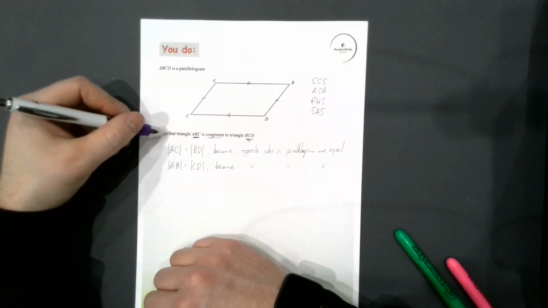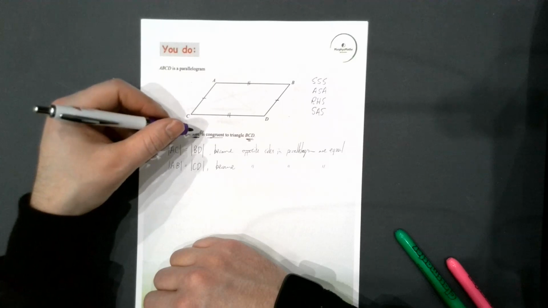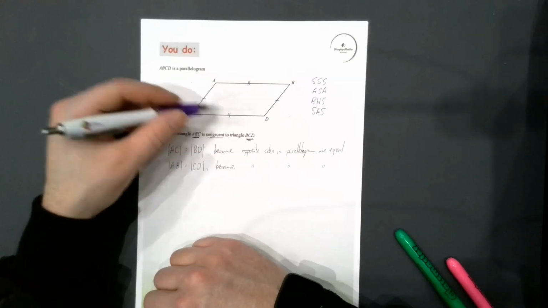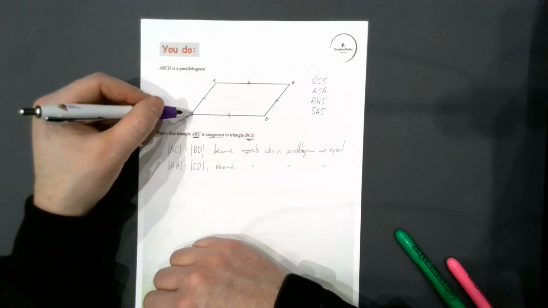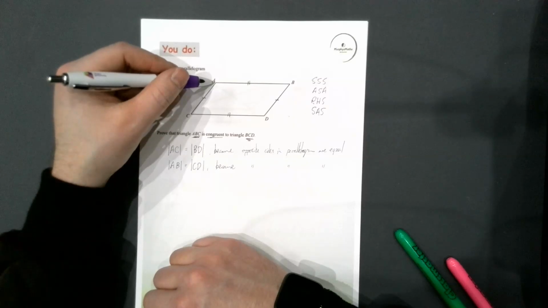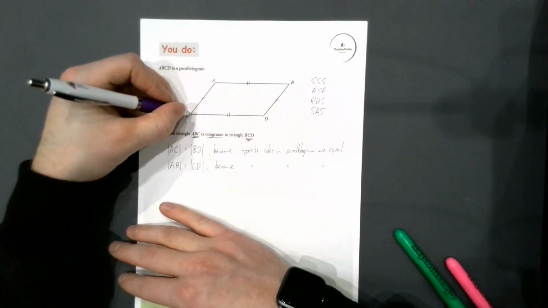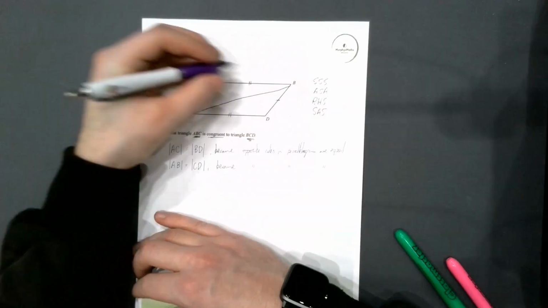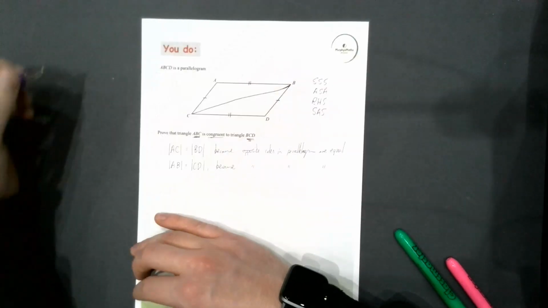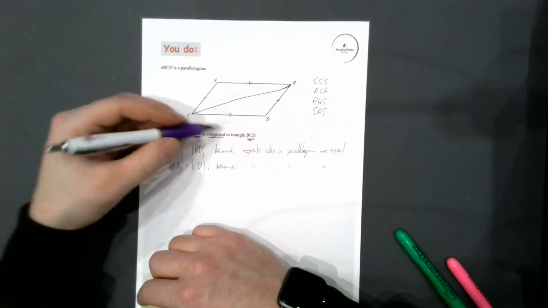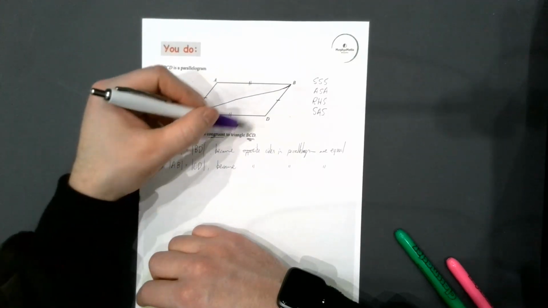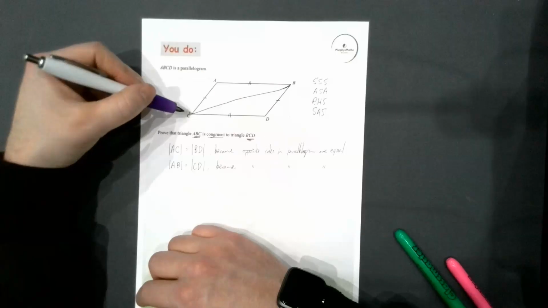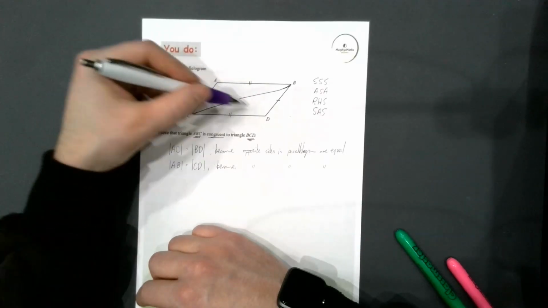Next, we're asked to prove that the triangle ABC is congruent to triangle BCD. So let's draw a triangle and see what we've got here. We've got ABC, so that would be a diagonal up like so. Again, apologies for my terrible drawing. And we have got triangle BCD, perfect. So they're my two triangles like so.